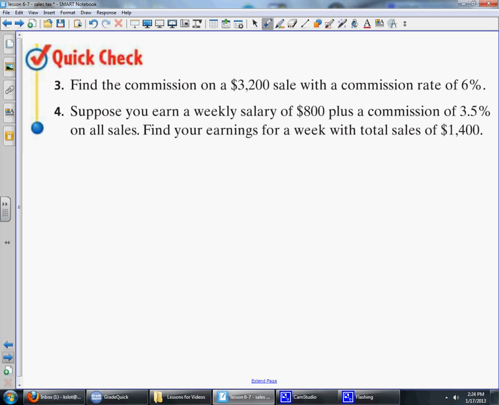Find the commission on a $3,200 sale with a commission rate of 6%. So we're going to do number 3. We have a $3,200 sale, and the commission rate is 6%. That means you're going to get 6% of your sales.